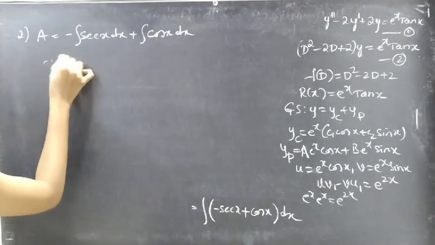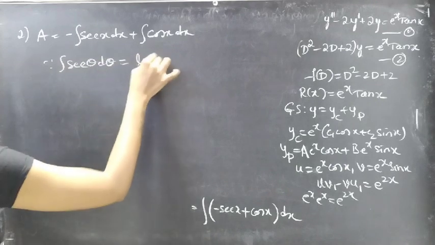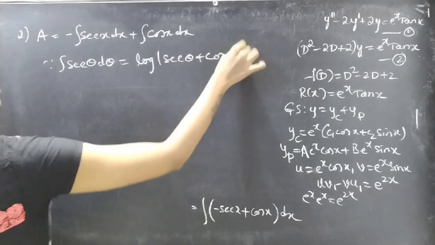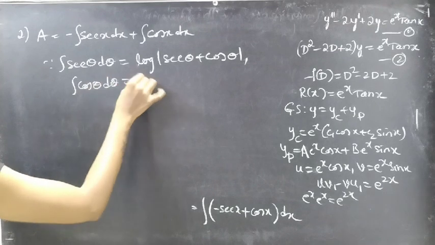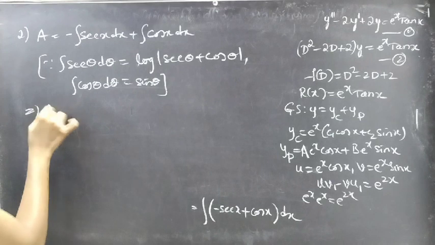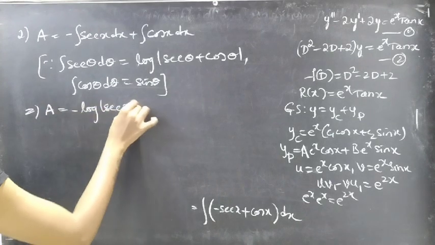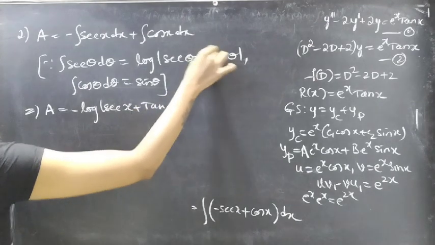Since integral secant theta d theta equals log mod secant theta plus tan theta, and integral cos theta equals sin theta, the above equation becomes a equal to minus log mod secant x plus tan x. It's tan x, okay, not cos x, I'm sorry.